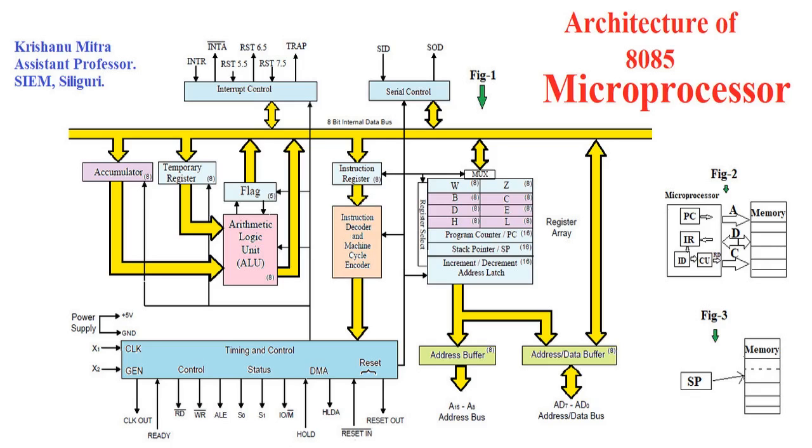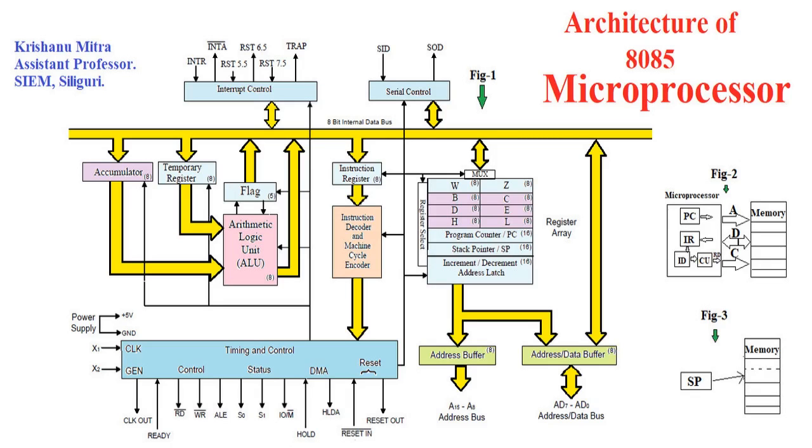The microprocessor uses the special purpose registers to execute a program, and the general purpose registers are used by the programmer. The accumulator is a general purpose register. B, C, D, E, H and L are also general purpose registers. There are 7 general purpose registers in the microprocessor architecture.